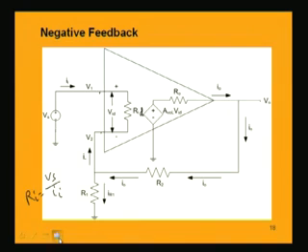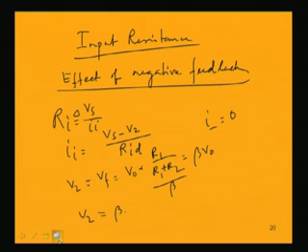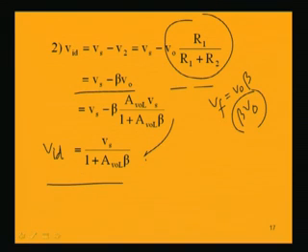So, using those values, we write V0 equal to AVOL times VID, and replacing VID, that is equal to beta times AVOL into Vs minus beta times V0.